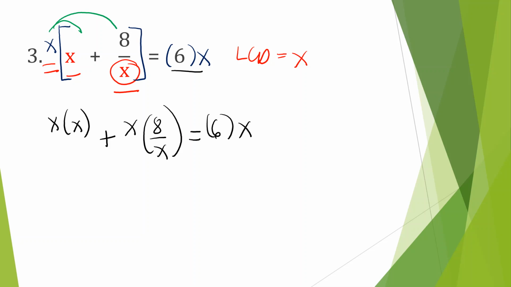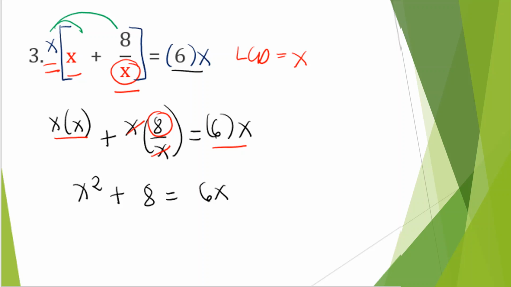So x times x is x squared plus, we can cancel x, so we have 8 is equal to 6 times x is 6x.